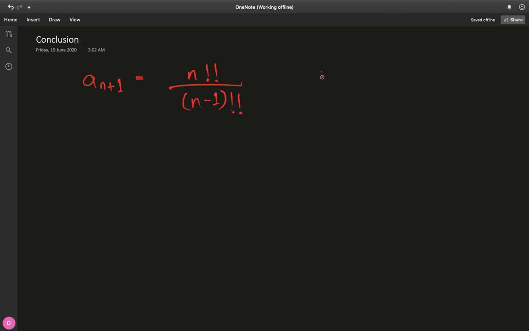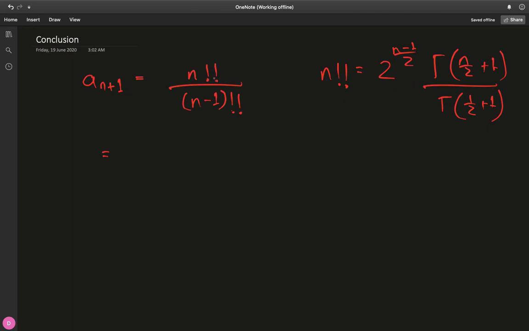But we found a nice formula for a double factorial, right? Which was basically 2 to the n minus 1 over 2 power times the gamma of n over 2 plus 1 divided by the gamma of half plus 1. So we just need to modify n in all these cases.